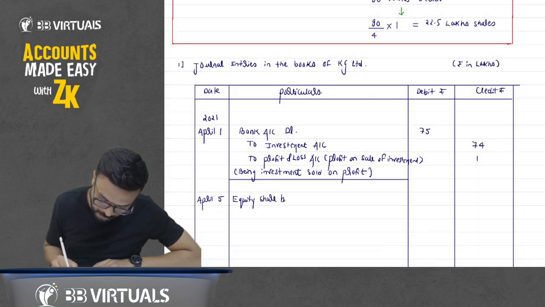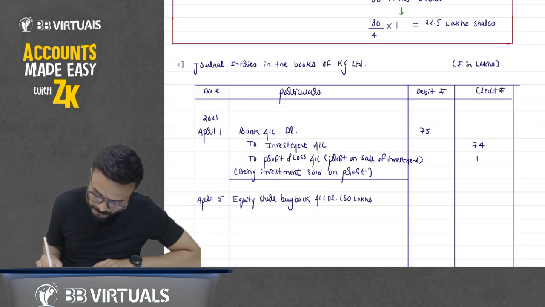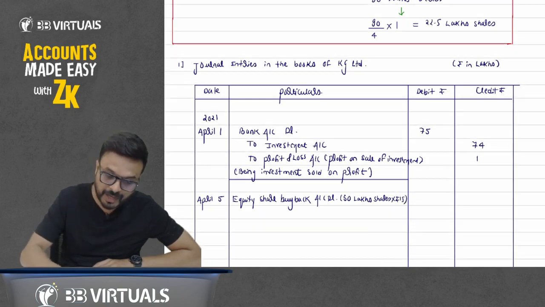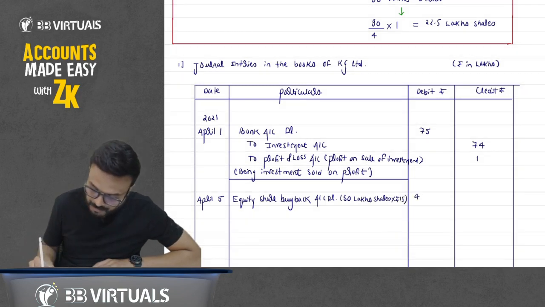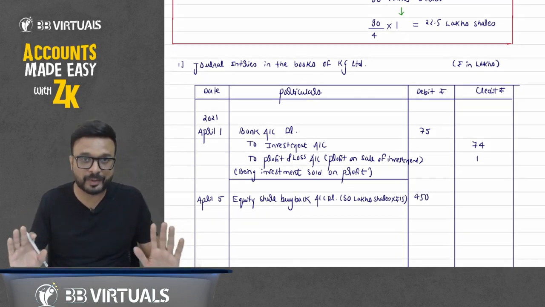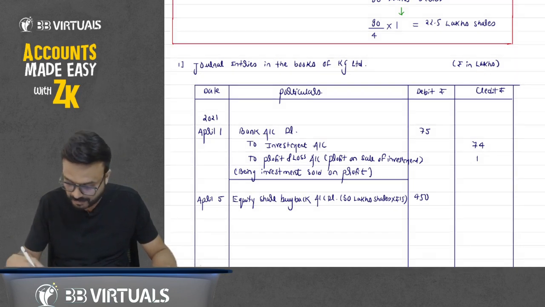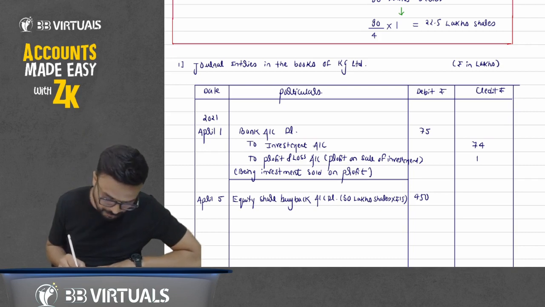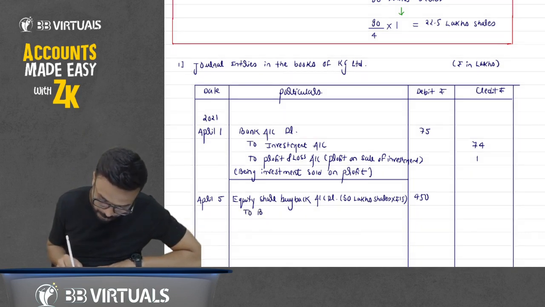Equity share buyback account debit, 30 lakh shares purchased at rupees 15. So 30 lakhs multiplied by 15. All figures are in lakhs, so don't write 30 lakhs as a normal figure. That's 30 multiplied by 15, which is 450 lakhs. So equity share buyback account debit to bank account.